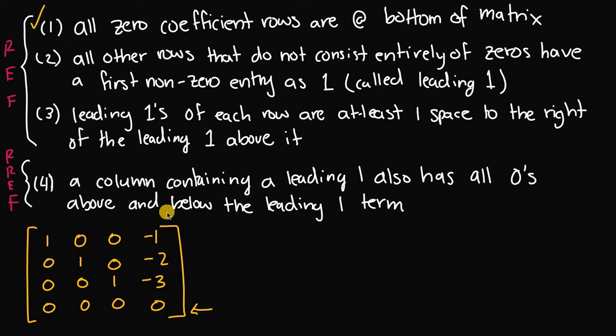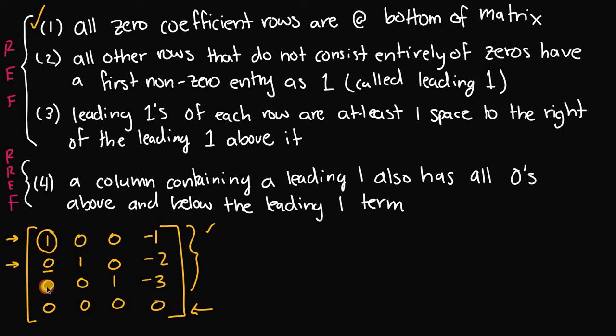All the other rows, so these 3 rows right here that don't consist entirely of 0, the first non-zero entry from the left has to be positive 1. If you look at row 1, the first non-zero entry here is a positive 1, so row 1 is good. How about row 2?